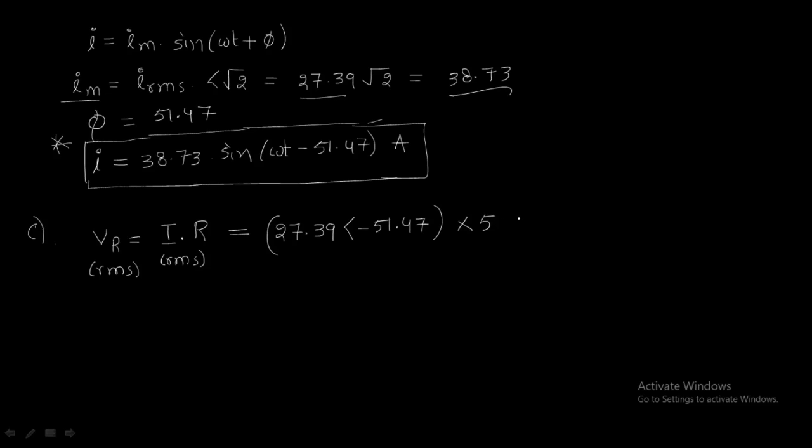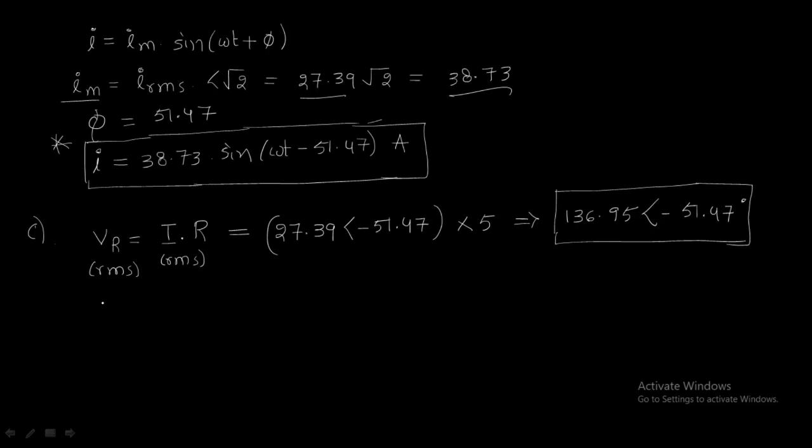The magnitude is R. By doing this, we will get the voltage drop across the resistance equal to 136.95 at an angle of minus 51.47. This is the voltage drop across the resistor.